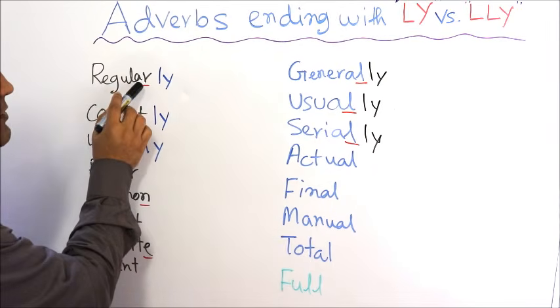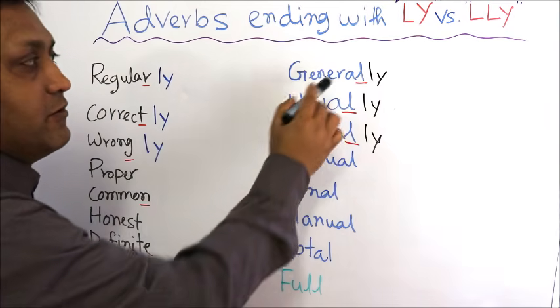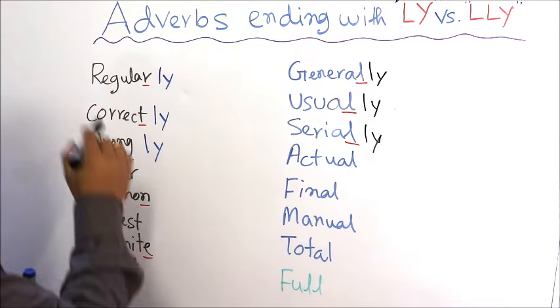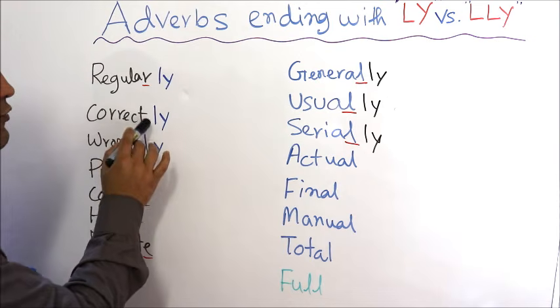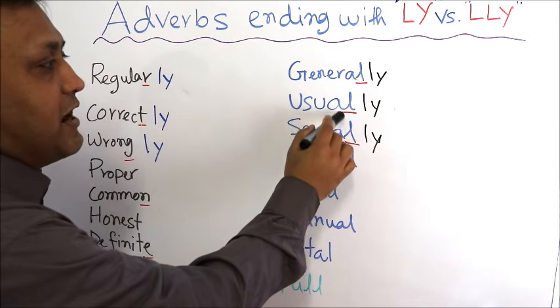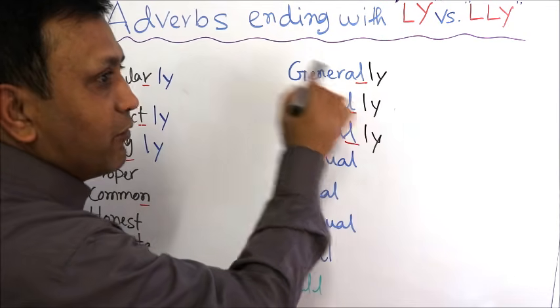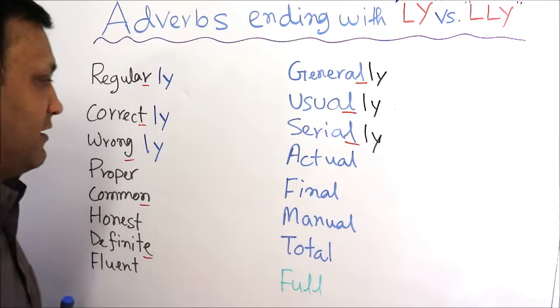Regular doesn't end with L, so we say only ly. General ends with L, so we say double LY. Correct ends with T, no L here, so we make it LY. Usual ends with L, so we make it double LY by adding another L at the end.